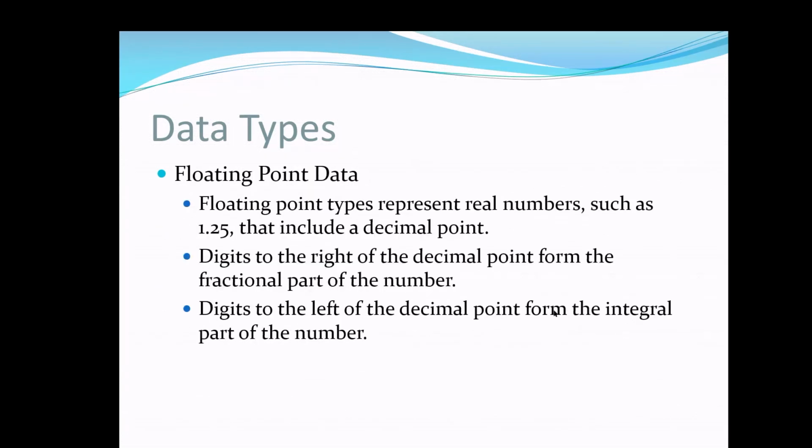Okay, the next is floating point data, and floating point data types. What you're going to do is you have a fractional part, essentially, right? Now, in C++, we have to identify if a number is an integer or a floating type. For floating type, we have 2 different ways to define it. One we call float, and the other we call double.